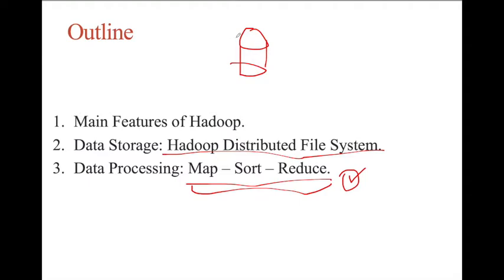We can split those documents into different clusters. We partition the database into small pieces: we put one document in one computer, another document in another computer, and so on.